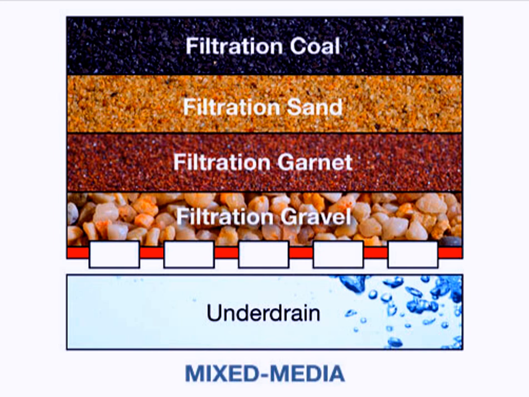A conventional rapid sand filter typically uses sand that has a fairly uniform grain size of 0.10 to 0.15 inches. That is 2.5 to 3.8 millimeters in diameter. In a bed 24 to 30 inches, or 0.6 to 0.75 meters deep.